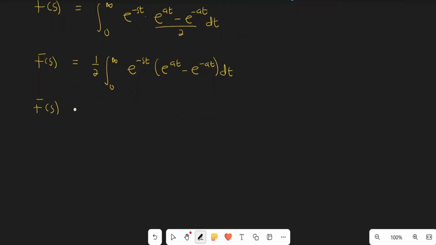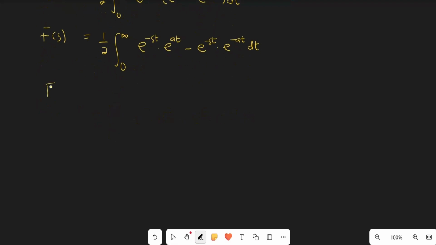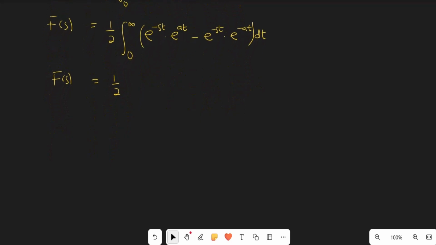F of s is equal to 1/2 the integral from 0 to infinity, and now combining this one is going to be e raised to the power negative st multiplied by e raised to the power at minus e raised to the power negative st multiplied by e raised to the power negative at dt. Cool. So F of s is equal to 1/2 all this one is multiplied by dt.